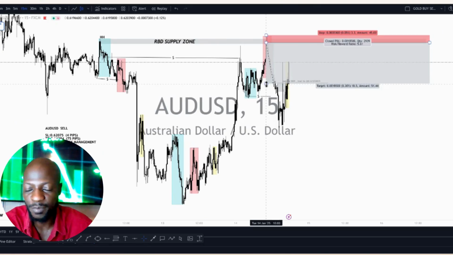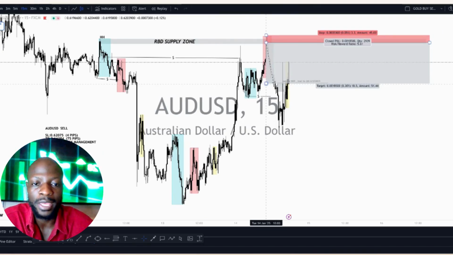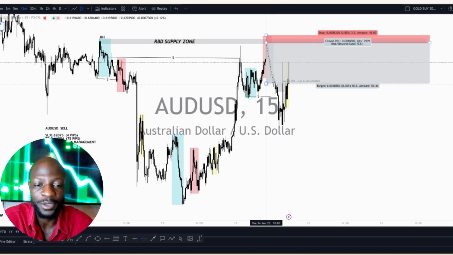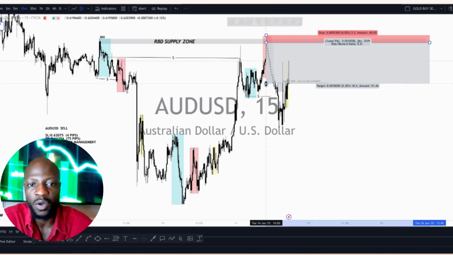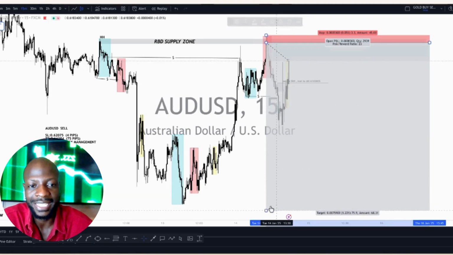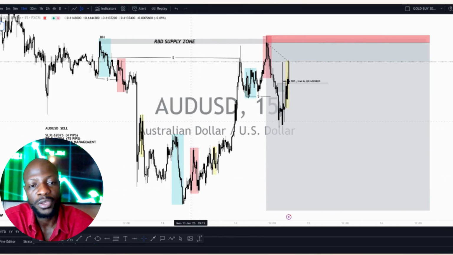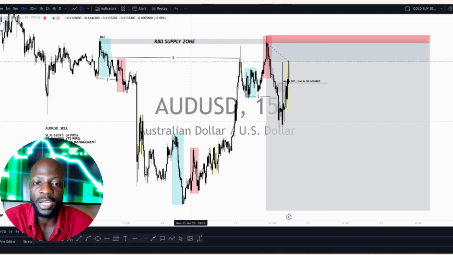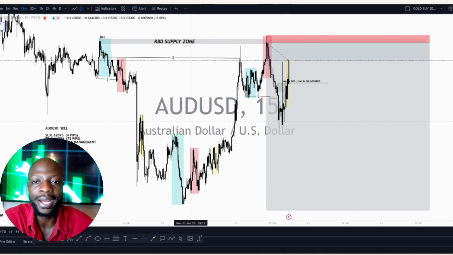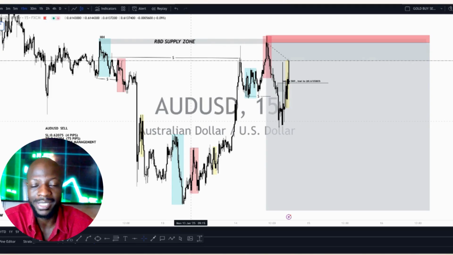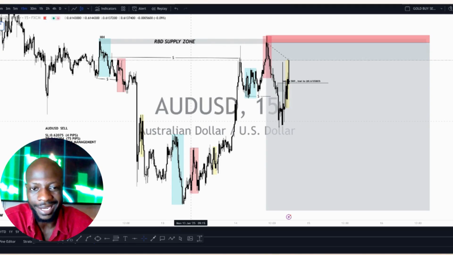As Mark Douglas puts it, find a way of paying yourself as long as the market gives you an opportunity to make money. Because no one would have anticipated that this is exactly what was going to happen on this particular trade. No one would have known, right? That's the reason why you are supposed to find a way of paying yourself as the market makes money available to you, because at any particular time, anything can happen.